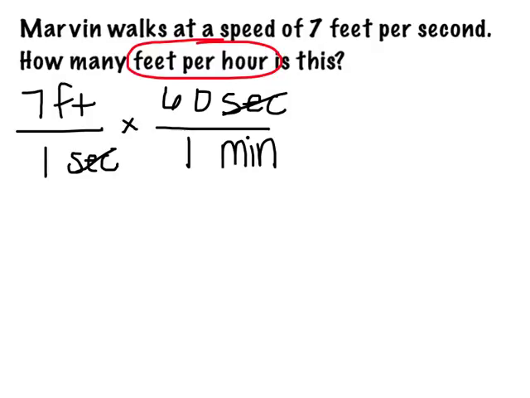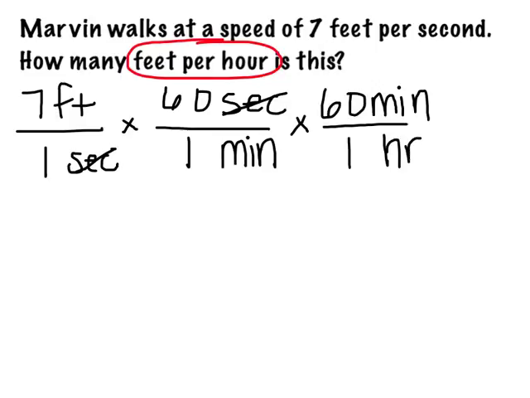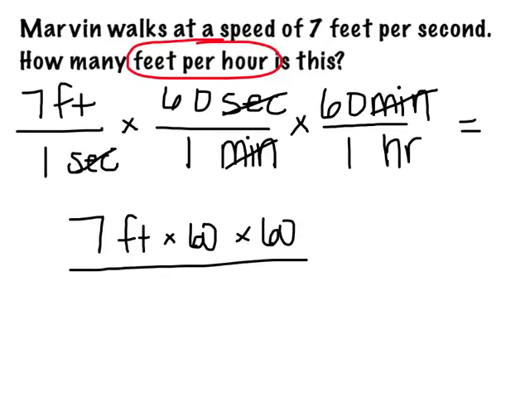I'm looking for hours. So I have to go one step further, and I want to get rid of my minutes, and I want hours. And I know that there are 60 minutes in 1 hour. Now my minutes cancel out my minutes, and now I'm going to combine everything that's left. So I have 7 feet times 60 times 60 over 1 times 1 times 1 hour.